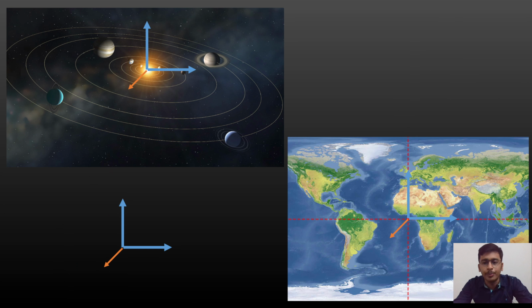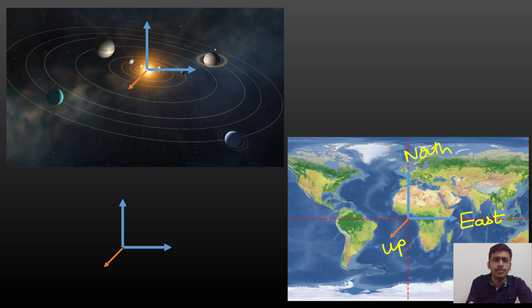So to solve our problem from our topic earlier, I cap, j cap, k cap can be anything. In this context, I cap can be east, j cap can be north, and k cap is the up direction, which is outwards.